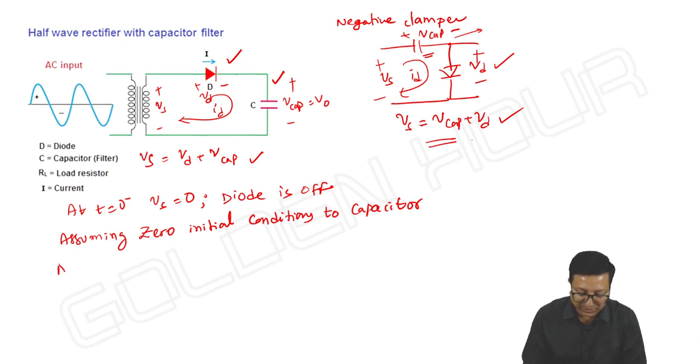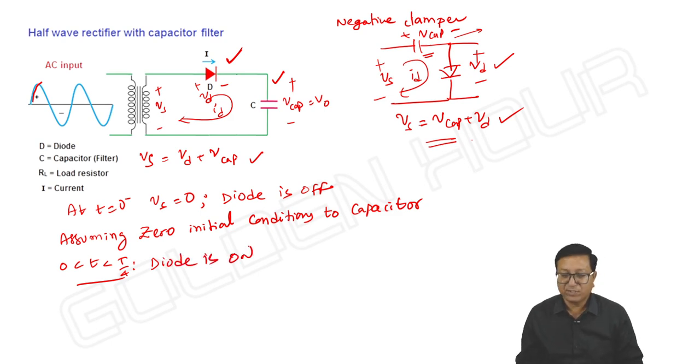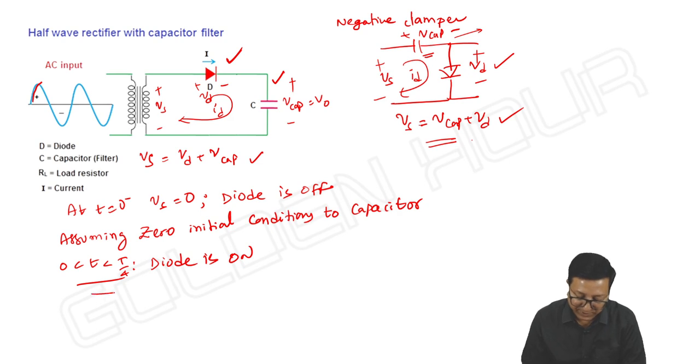And for T greater than 0, or 0 less than T less than T by 4, what happens once the input is a positive going signal? Immediately the diode will be on. Once the diode is on, then ideally it acts as short circuit.